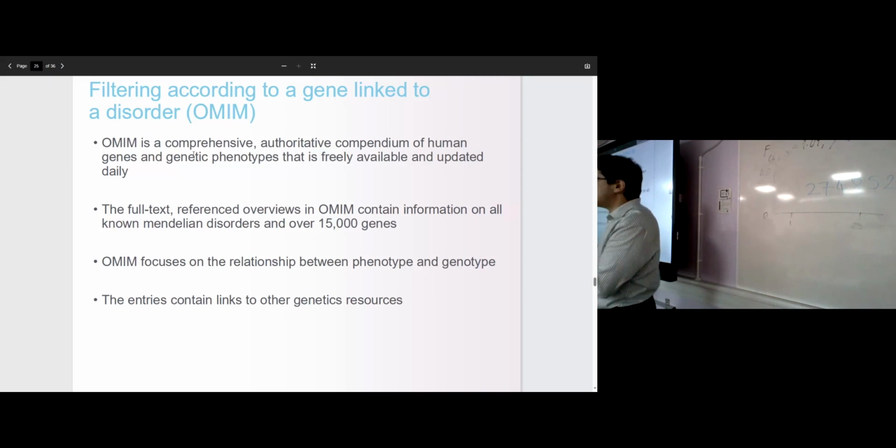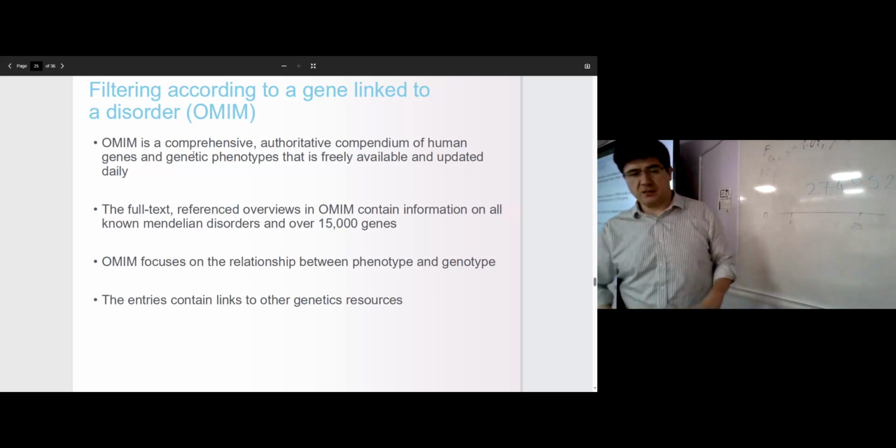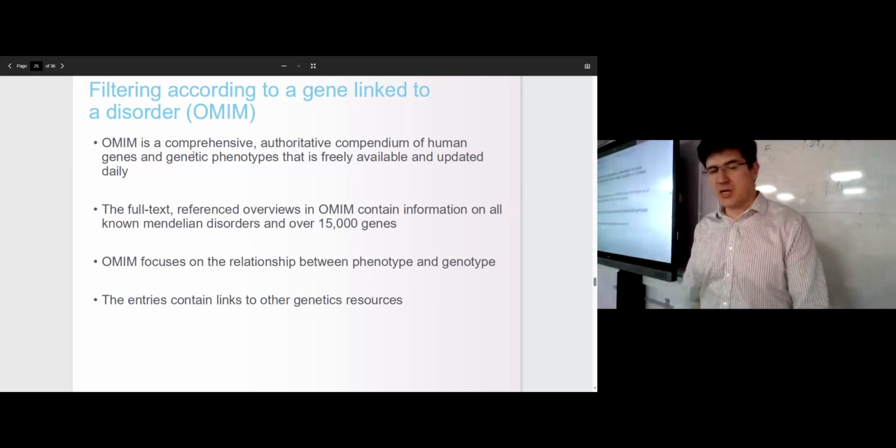The problem is that for most variants, we don't have information. So the vast majority of the variants that, as of today, we have, they're what we call variants of unknown significance, meaning we don't have scientific evidence as to what their potential functional effects could be. So that's very limiting. But we are hoping that that will change with time.